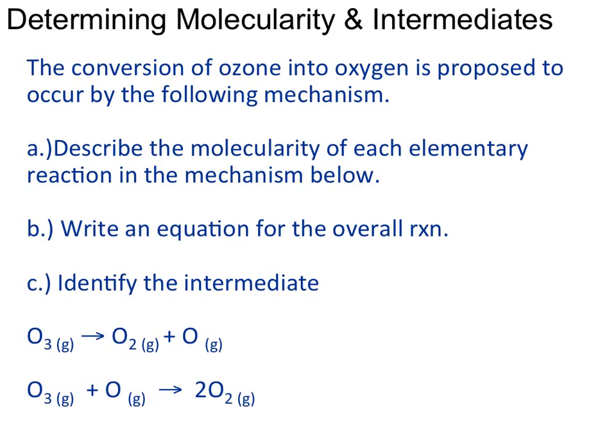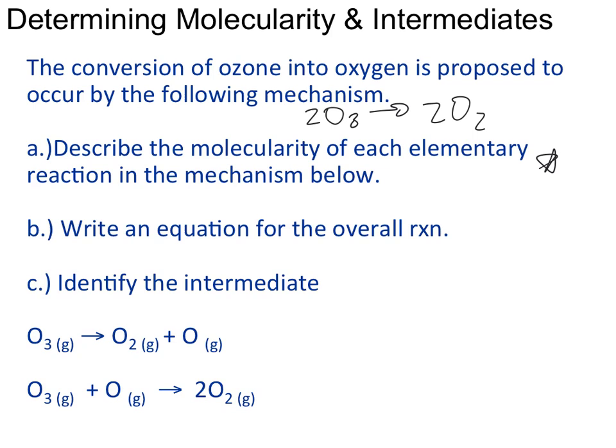The conversion of ozone into oxygen is proposed to occur by the following mechanism. This mechanism down here shows us this conversion process in its elementary reaction steps. They want us to do a few things with this mechanism. They first want us to describe the molecularity of each of the elementary reactions in the mechanism.